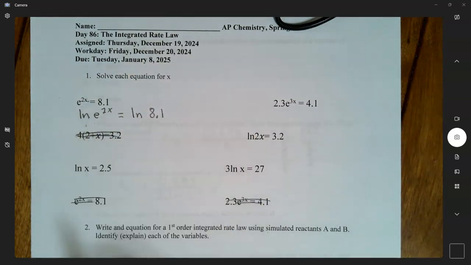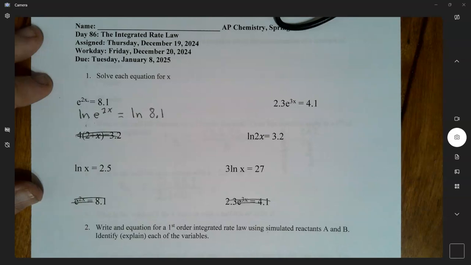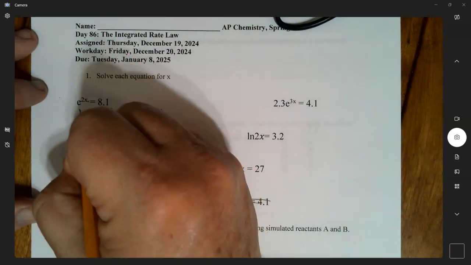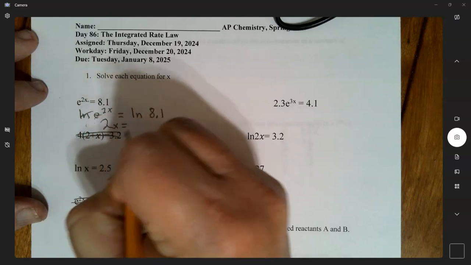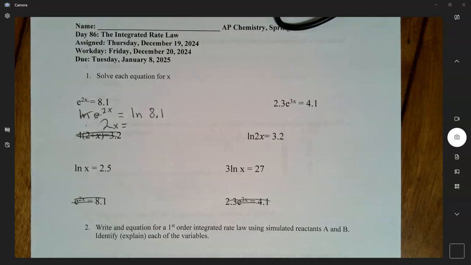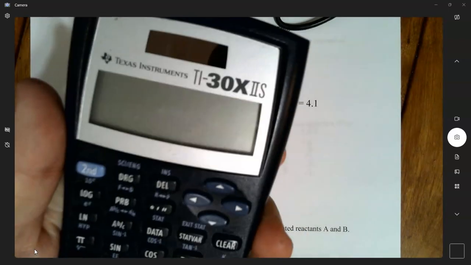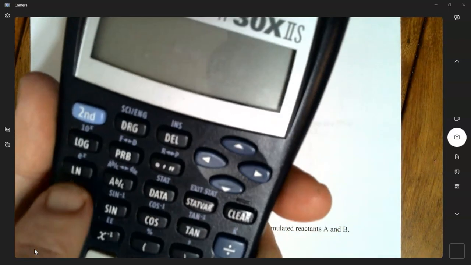Okay, so e and ln are inverses of each other, just like multiplication and division are inverses, or addition and subtraction. So these will cancel out and the 2x comes down out of the exponent. Then you go on your calculator and calculate what ln of 8.1 is. On this calculator, ln is right there.